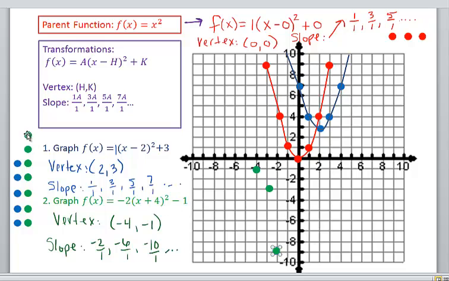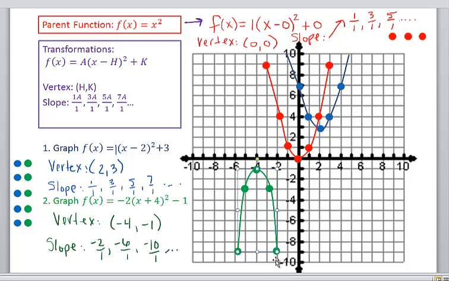Okay, I've run out of space, so I'm going to go back to my vertex. I'm going to go down 2, and instead of to the right 1, I'm going to go to the left. And then from there, I'm going to go down 6 and to the left. Okay, and I'm going to graph this by connecting it with a U shape.